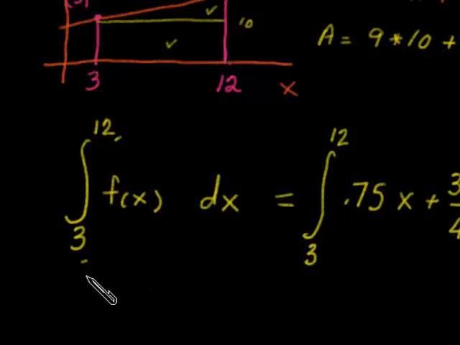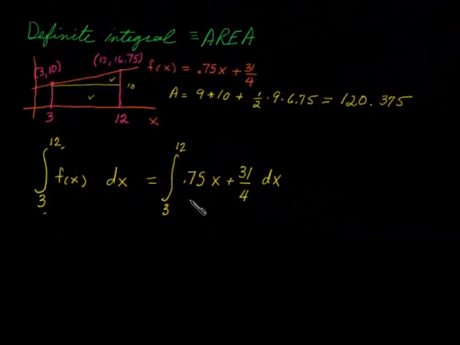So let's look again at the symbol for the definite integral. It's the definite integral between 3 and 12 of the function f of x dx. And in this next notation, I've replaced the f of x, the general placeholder, by what this particular function is, 0.75x plus 31 over 4 dx.